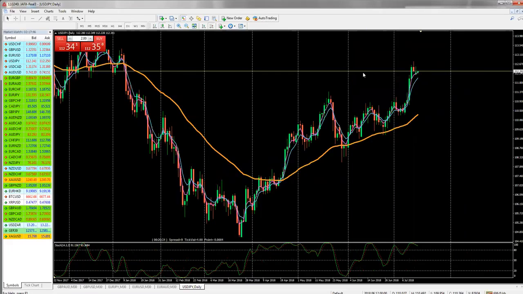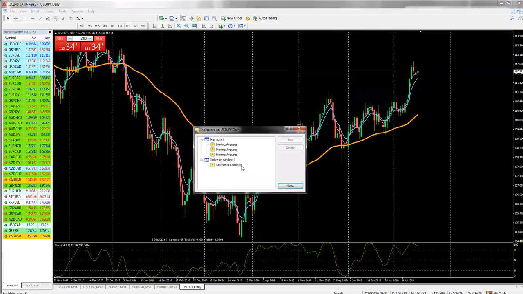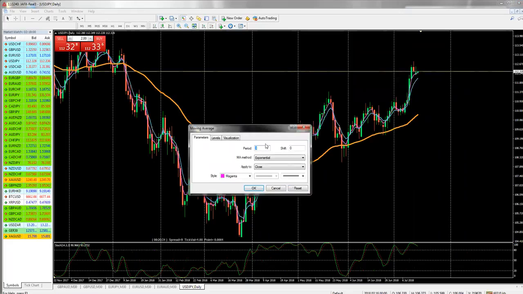Delete those. All right, cool. So let's say indicator list. Here are the indicators you need. Moving average: period 3, shift 0, MA method exponential, apply to close.